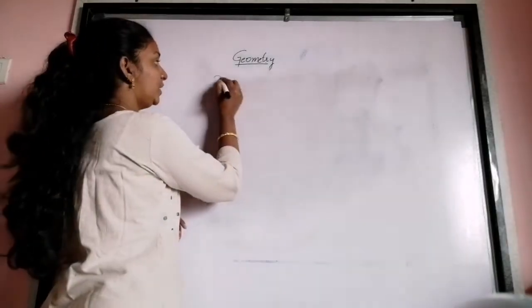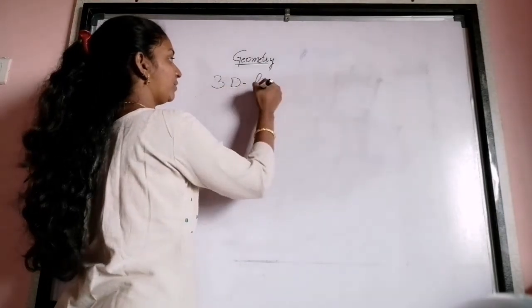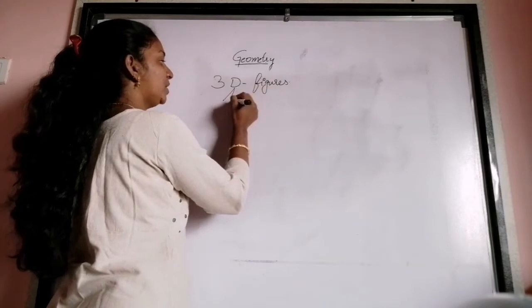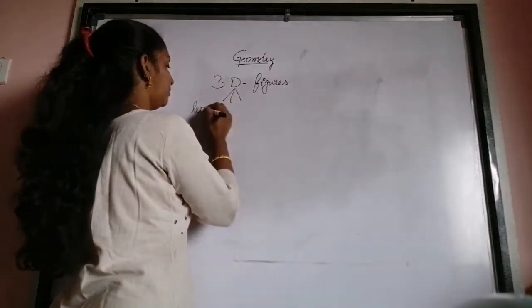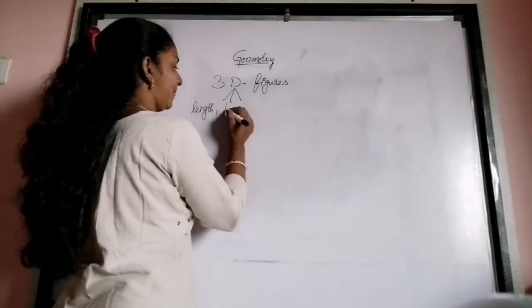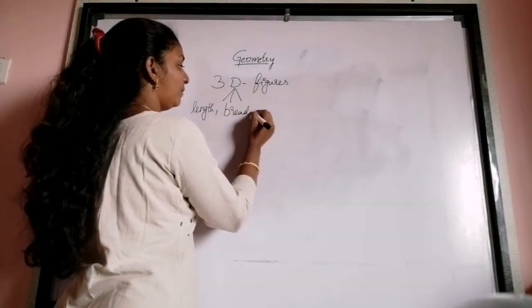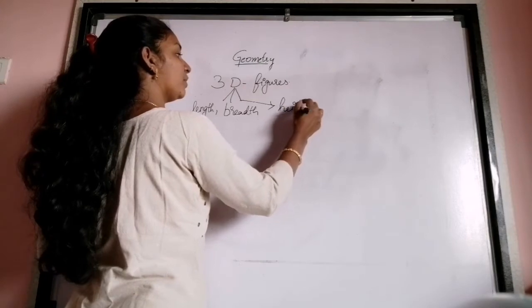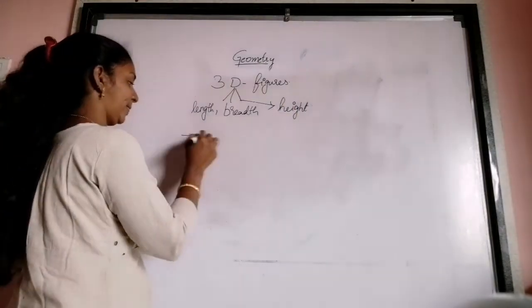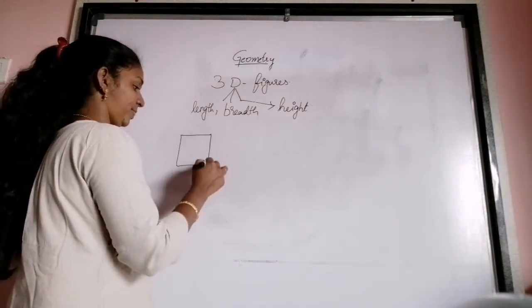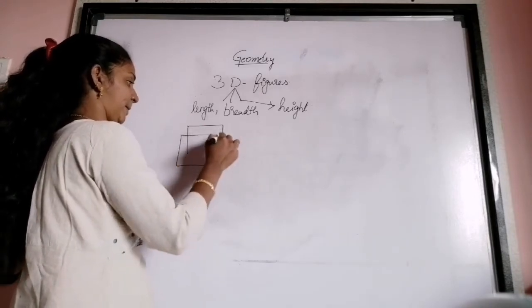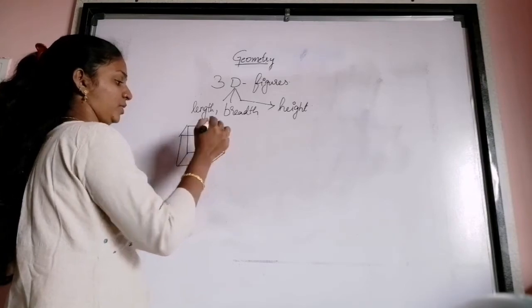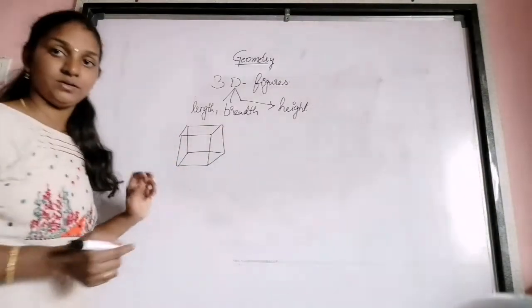Next, coming to three-dimensional figures. Three-dimensional means length, breadth, height. See, this is a cube.